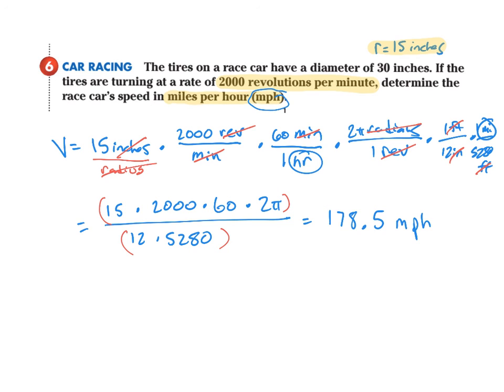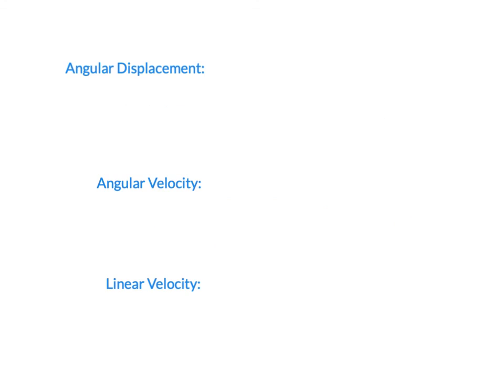Okay, lots of examples in this video. Let's just quickly summarize what we learned, and then we'll get to our assignment. We essentially learned about 3 new things. We learned about angular displacement, angular velocity, and linear velocity. For angular displacement, remember, that's just the revolutions times 2 pi. And that will tell you your angular displacement. That's how many radians you travel.